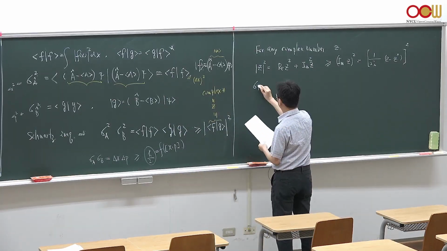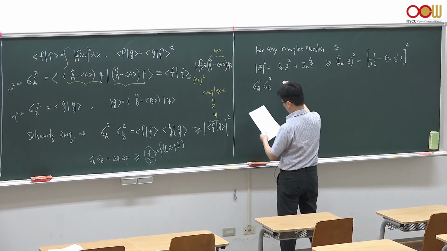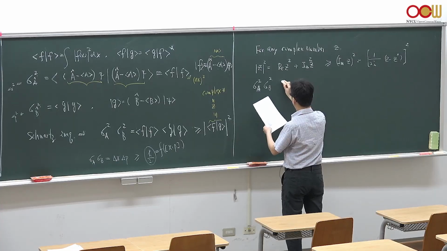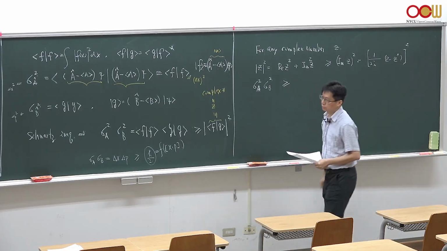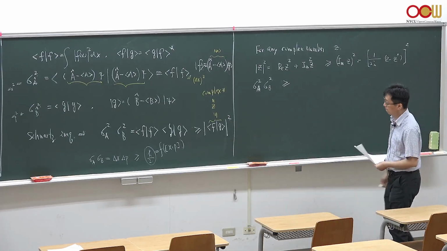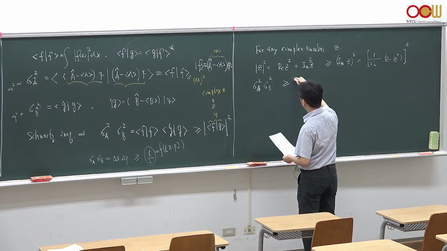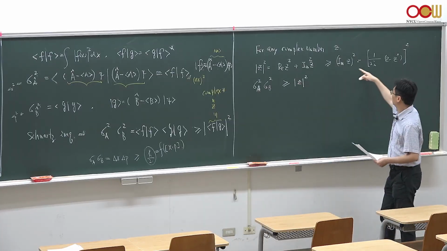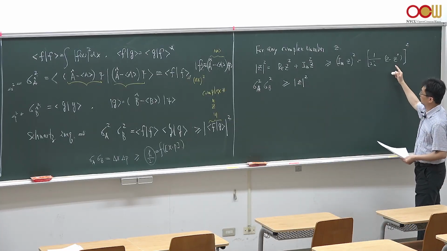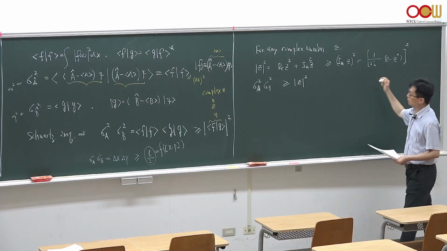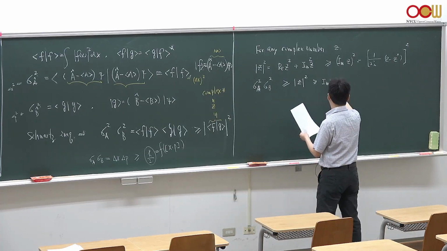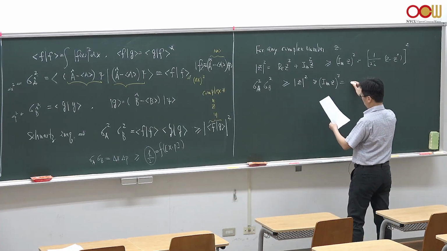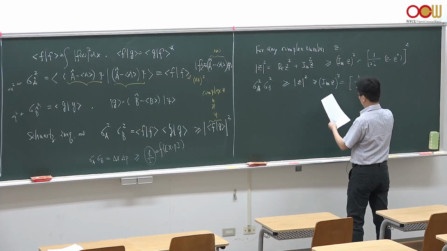So the Schwarz inequality could be written continuously as sigma a squared times sigma b squared is greater than or equal to the magnitude of z squared, right? But the magnitude of z squared is larger than or equal to the square of the imaginary part.